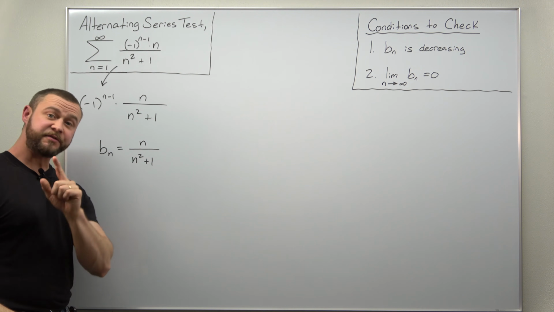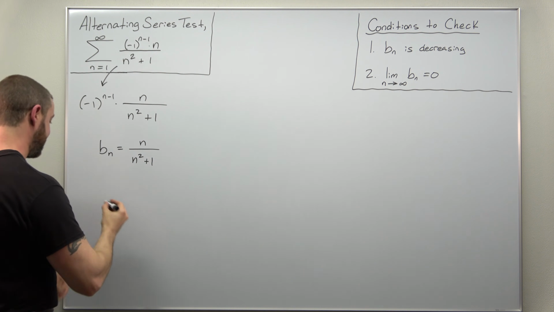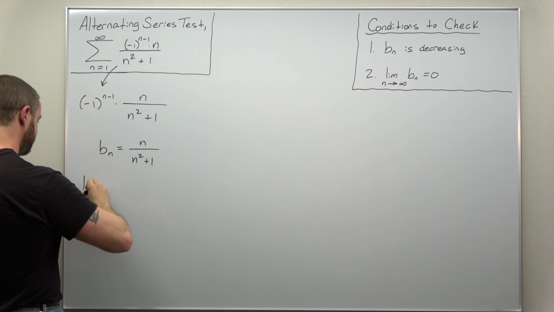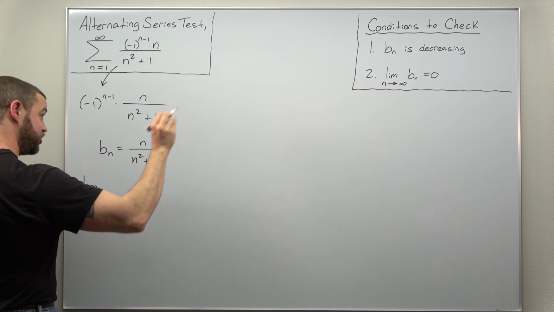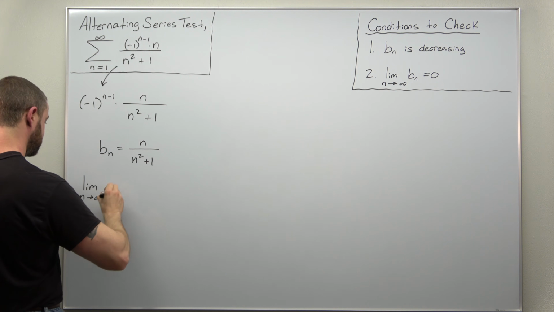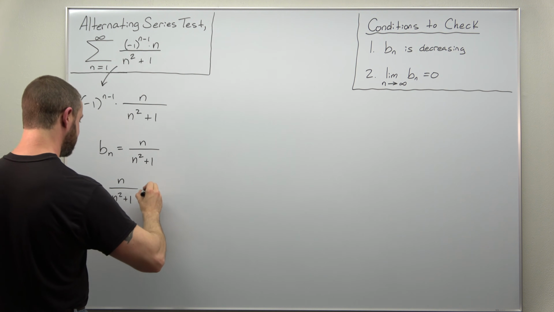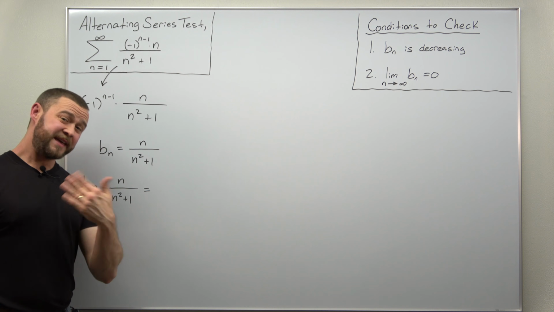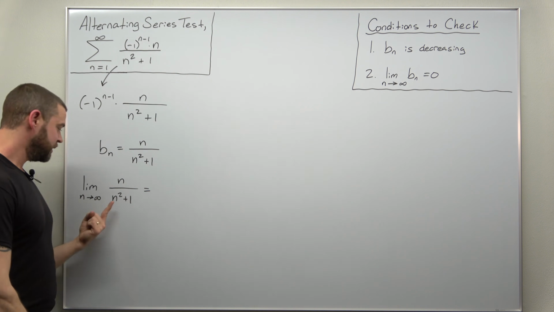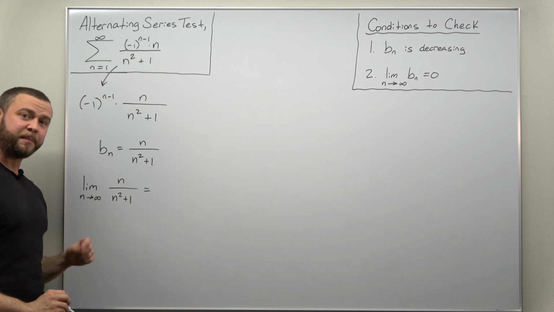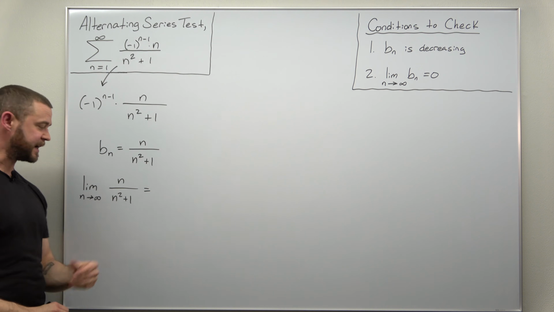Now for this term, it's very easy to check the limit as n goes to infinity. And that's going to be condition 2. If we take the limit of that term as n approaches infinity, you can apply L'Hopital's rule. Notice here your denominator has the bigger power. That's going to get bigger faster.